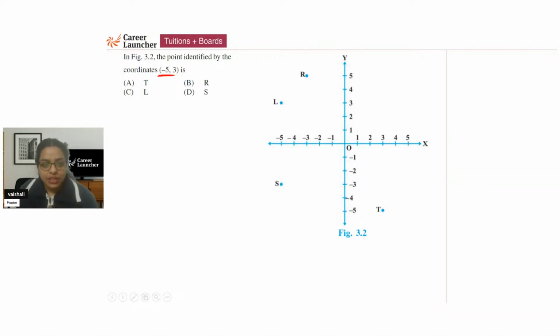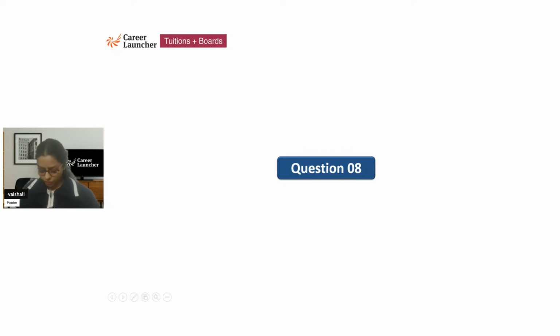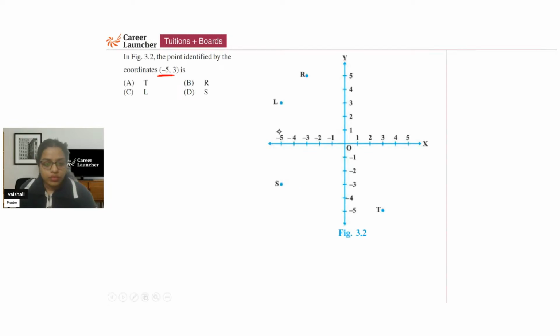So -5 is here. And what about the next y coordinate? Y coordinate is 3. So if I join both of these, you can easily say option C is correct, which is point number L.